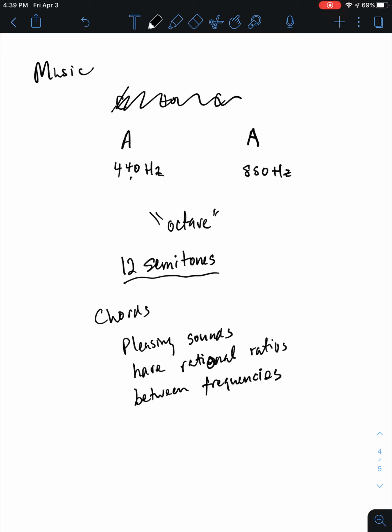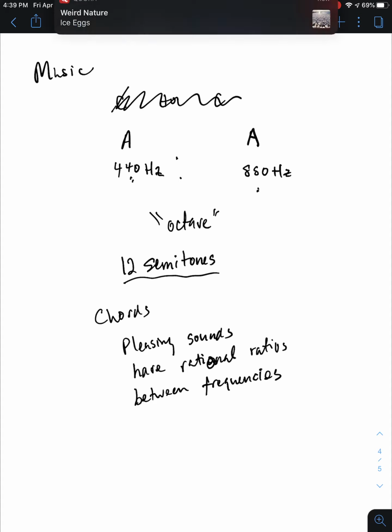So one simple example is that if I play an A440 and an A880, they sound nice together because the ratio is 2. This is twice as large. But I could find other ratios that sound nice with an A440 note by finding other notes that have a rational quotient if I divide their frequencies. And the Pythagoreans were probably the first to discover that.